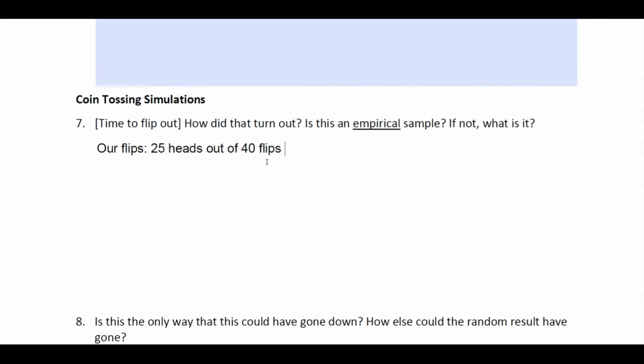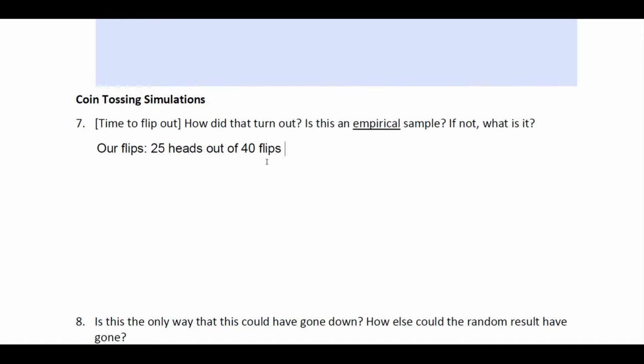So that means we had 25 heads and 15 tails. And this is what actually happened in class, right? Everybody flipped a penny, and I asked, raise your hand if you had heads, and we counted. Raise your hand if you had tails, and we counted. And we made sure that it all added up to 100%. And out of 40, 25 came out heads.